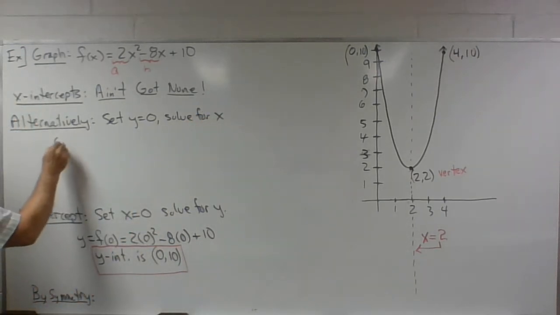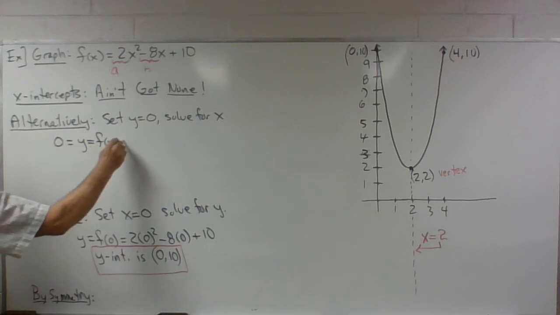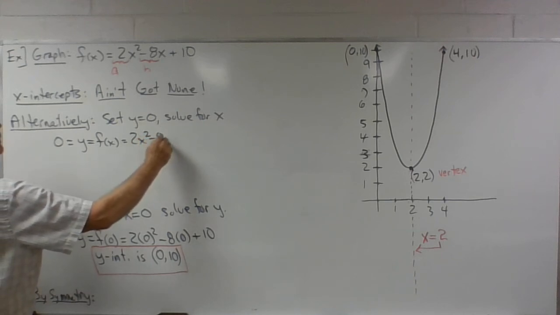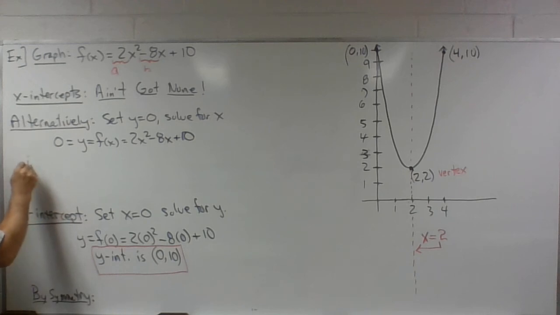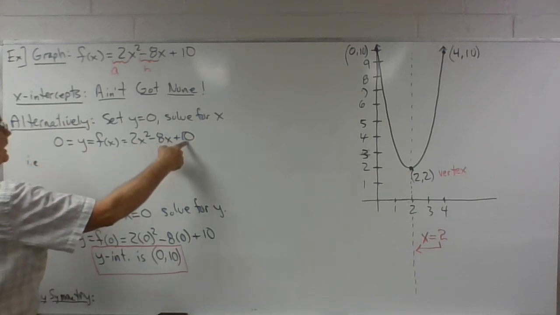And so we have 0 equals y, which equals f of x, which equals 2x squared minus 8x plus 10. So we have 0 equals 2x squared minus 8x plus 10.